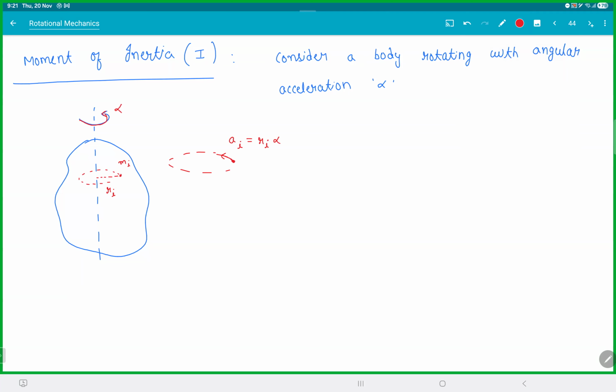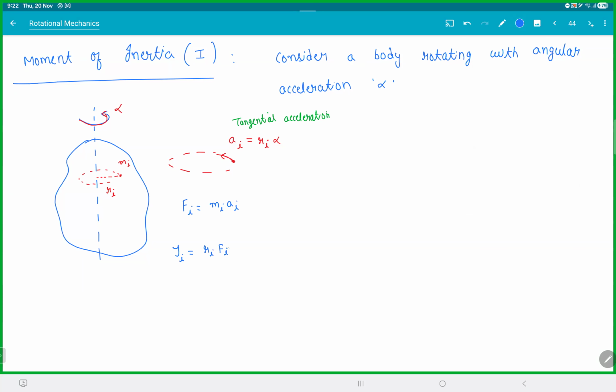Why am I not writing ri alpha i? Do you guys remember the starting of the chapter? If one point goes with alpha, then every point goes with alpha. They all rotate by the same angles. Basically, this is your tangential acceleration of the particle. This will give you the tangential force on the particle Fi, which will be mi into ai. And then when you write the torque here, the torque on the ith particle will be ri into Fi.